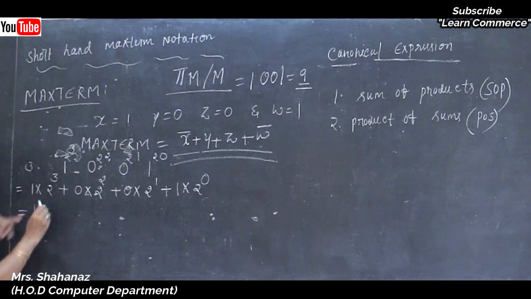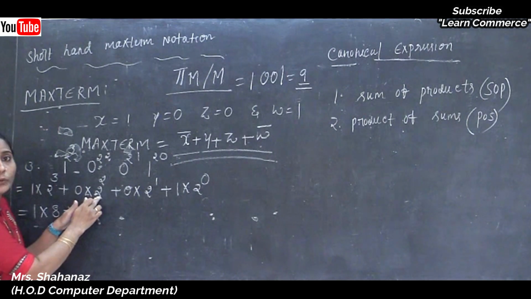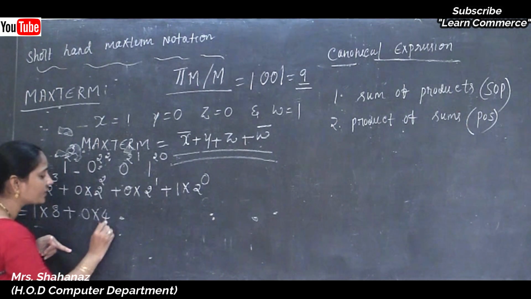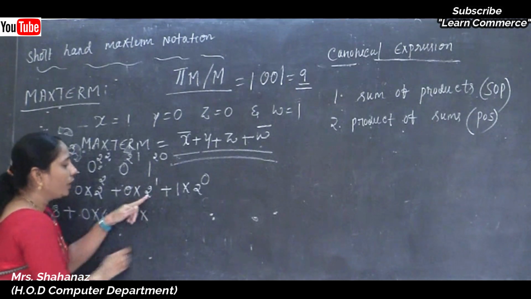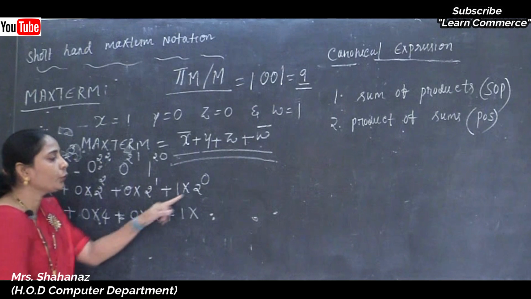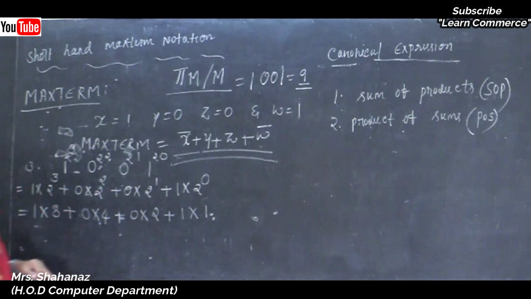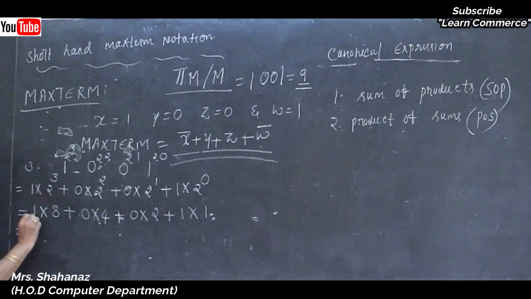2 into 2 into 2, the value is equal to 8, plus 0 into 2 times 2, the value is 4, and 0 into 2, the value is 2, plus 1 into 2 to the power of 0. We know that 2 to the power of 0, the value is always equal to 1 only.